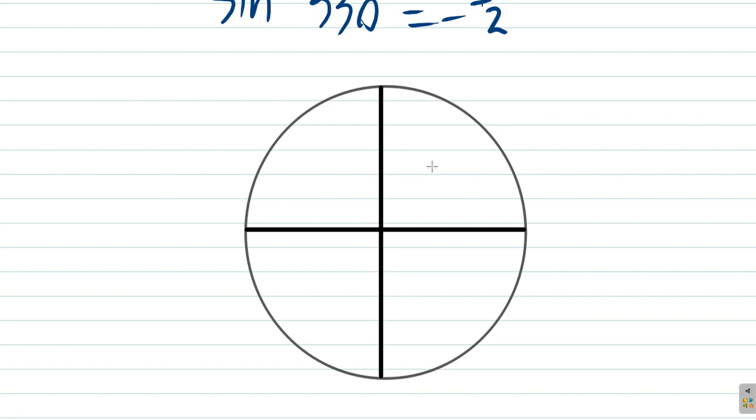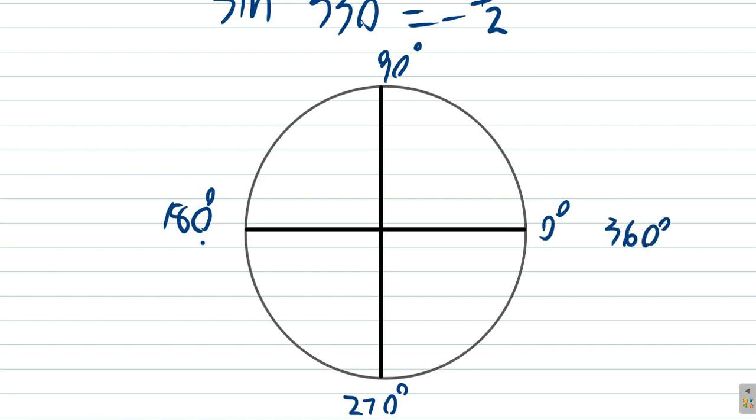So you see this part as from 0 to 90 degrees, then 180 degrees, and 270 degrees, and back here is 360 degrees, one complete revolution, right? You go all the way around and stop back here.